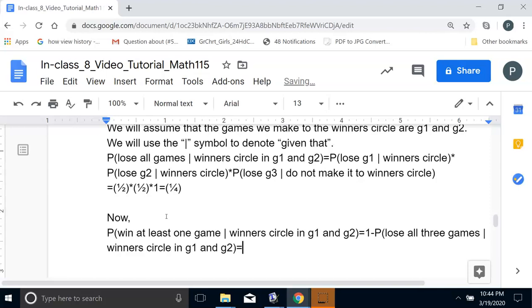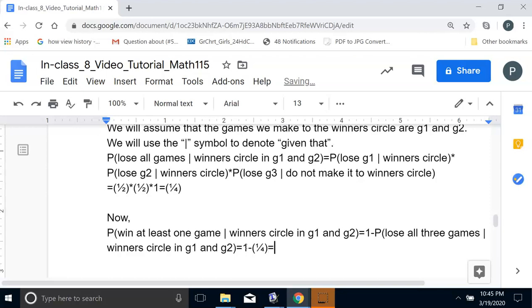The reason for this is similar to the reason for the previous one we just did, because if you go 1 minus, you're taking this one out of consideration. So the probability that you lose all three games, given that you made it to the winner circle in game one and game two, if you take that out of consideration, this is what's left. So it'll be 1 minus that one. That one we just computed above, so that's the 1/4.